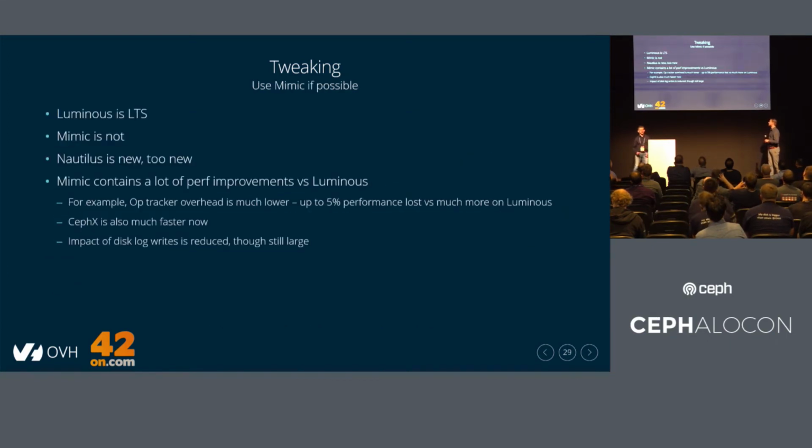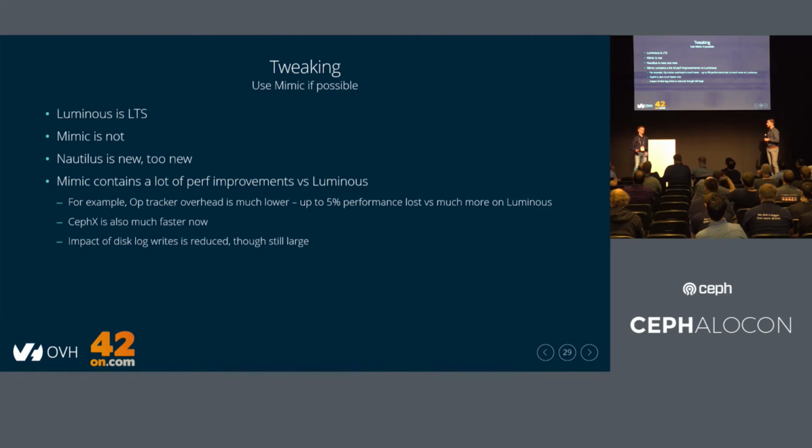You can also try using Mimic instead of Luminous, because Luminous has performance disadvantages. I will show in a second how big this disadvantage is. If you are going to try Mimic, you can be tempted to try Nautilus. You can, but in our observations it's quite new, and you might need to do some proper validation of whether it is stable enough for you.